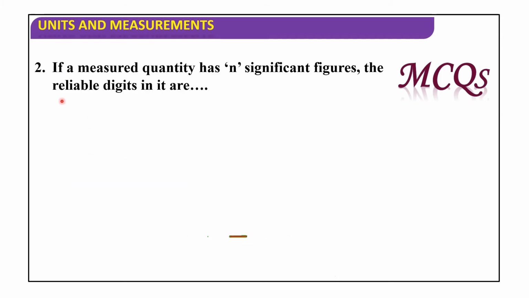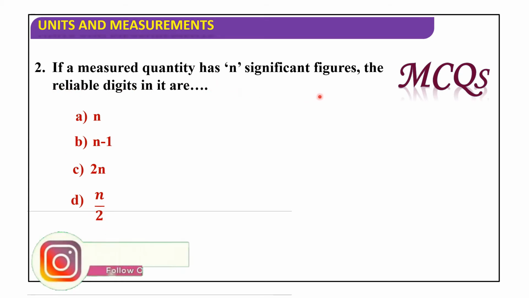Next, if a measured quantity has n significant figures, the reliable digits in it are n, n minus 1, 2n, n by 2. So, if a measured quantity has n significant figures, the reliable digits in it are n. Okay, same.